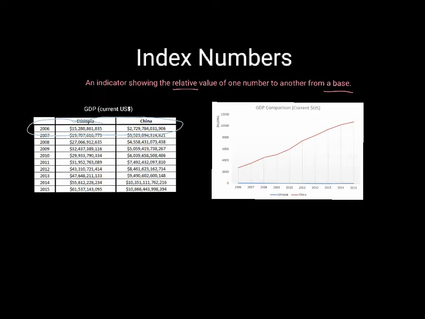First thing we do is decide on what we call our base year. This is the one where we are going to hold the values constant. For us it's going to be 2006. You often do it with the first year of the comparison you're trying to draw. So 2006, and we are going to set it to 100. That's the normal way that we do it.